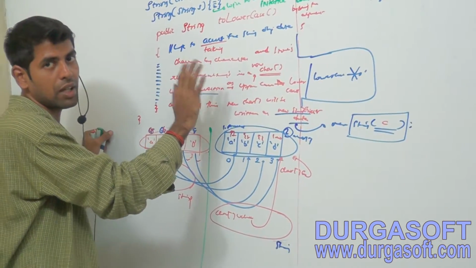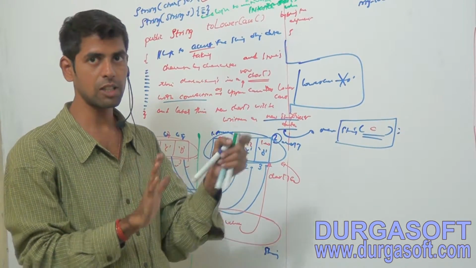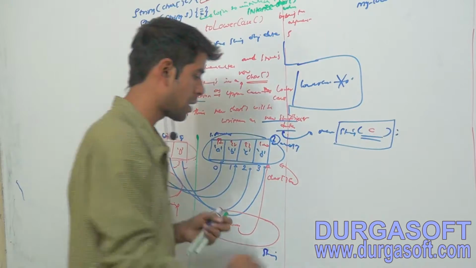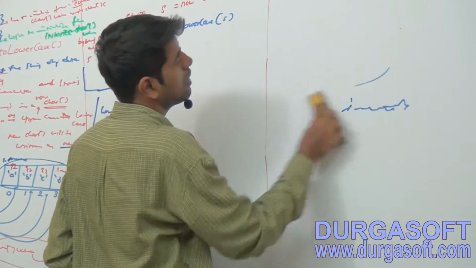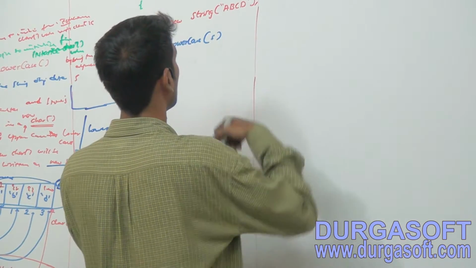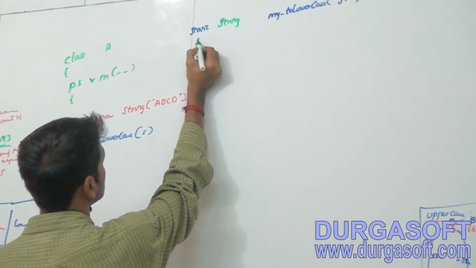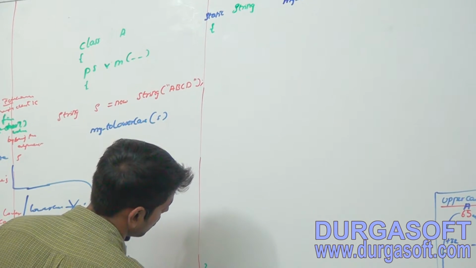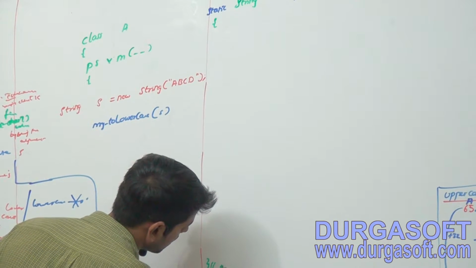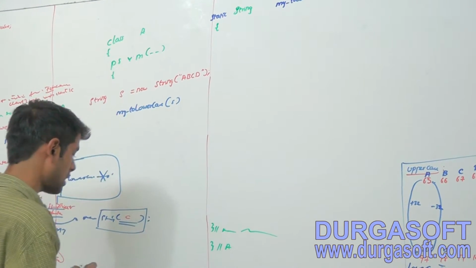Please make note of that. Now observe, it is going to return a new string object, so the return type is String. Starting scope, ending scope of this myToLowerCase, and the end scope of our class A.